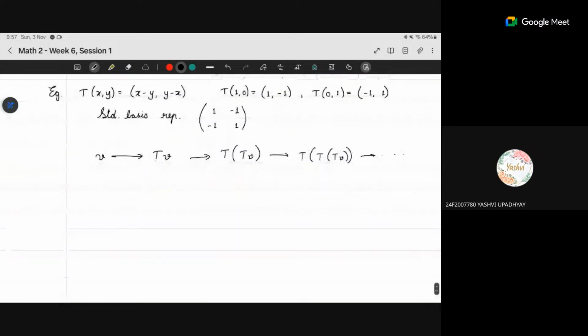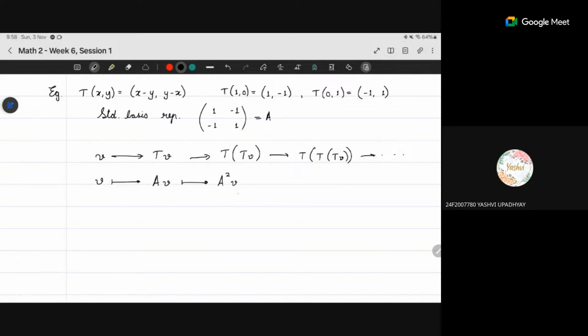So if I look at this matrix representation, let me call this matrix A so that I can use it better. A vector v goes to A times v. This is a matrix multiplication. And then this becomes A squared times v, and this becomes A cubed times v, and so on.